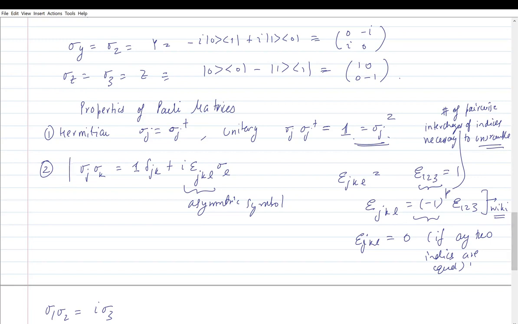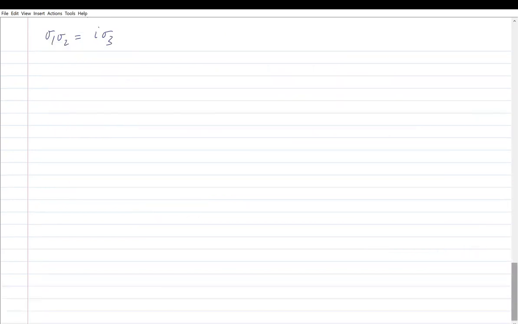Okay, so what does that mean? Well, that just means that sigma 1, sigma 2 would come out to be i sigma 3. Remember this expression. This is the Kronecker delta function. It is equal to minus sigma 2, sigma 1.